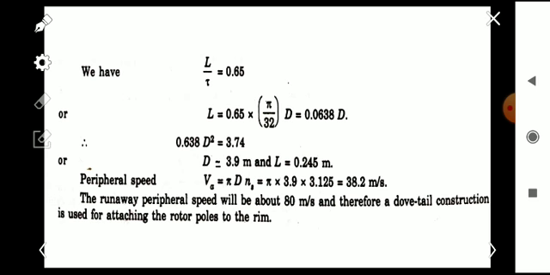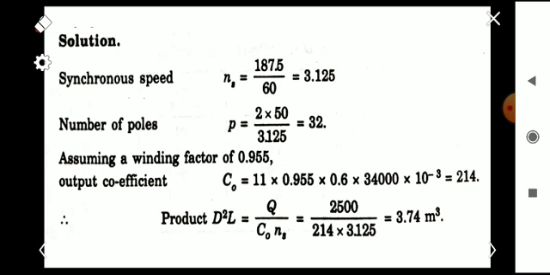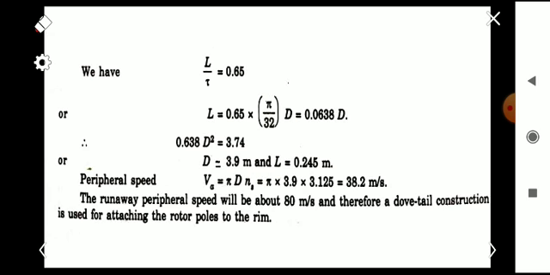So it is substituted here, you can see, and we are getting a relation between L and D. L is equal to 0.0638 D. Just substitute the value of L in the equation D square L, and we will get 0.638 D square is equal to 3.74, and from that we obtain the value of D as 3.9 meter, and substituting the value of D, we are getting L as 0.245 meter.